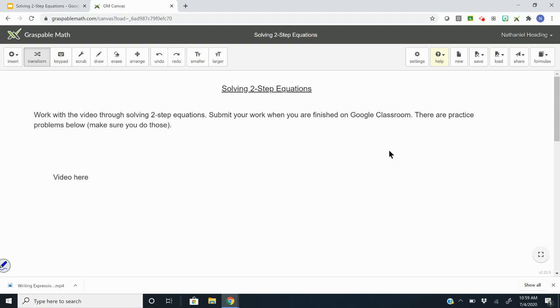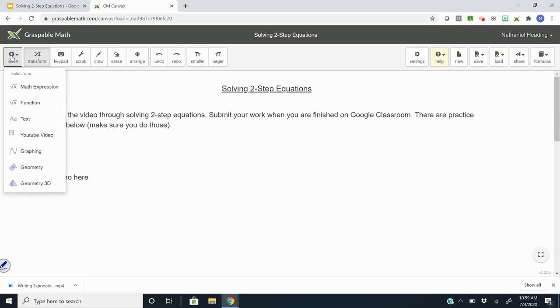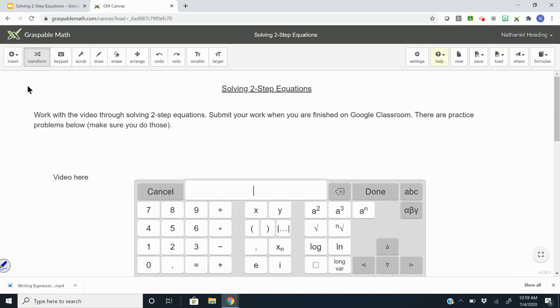So to input an equation, what we're going to do is we're going to come over here to the Insert tab. It's in the top left. So I'm going to start by clicking Insert and then Math Expression. So it brings up this little keyboard that I'm going to use to type in the equation that we had. So you can click on the keyboard or you can use your actual keyboard to type it, and that's what I'm going to do.